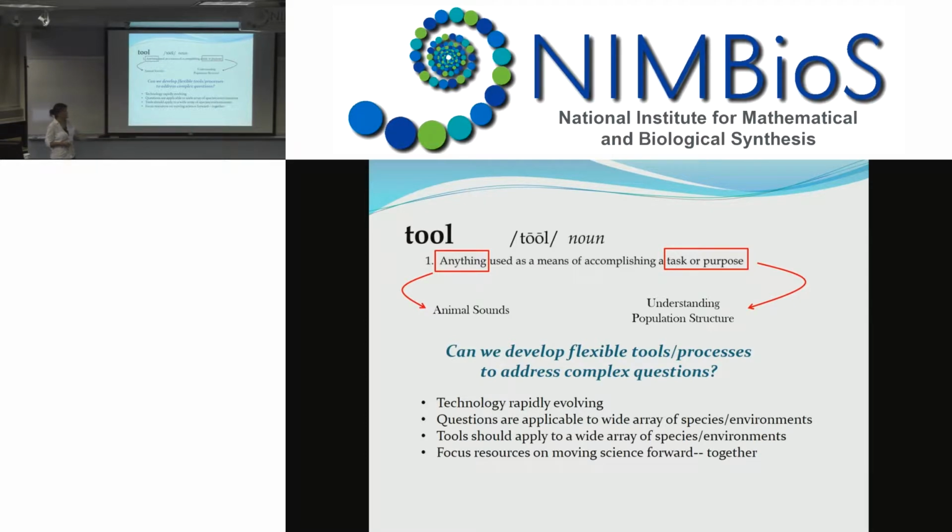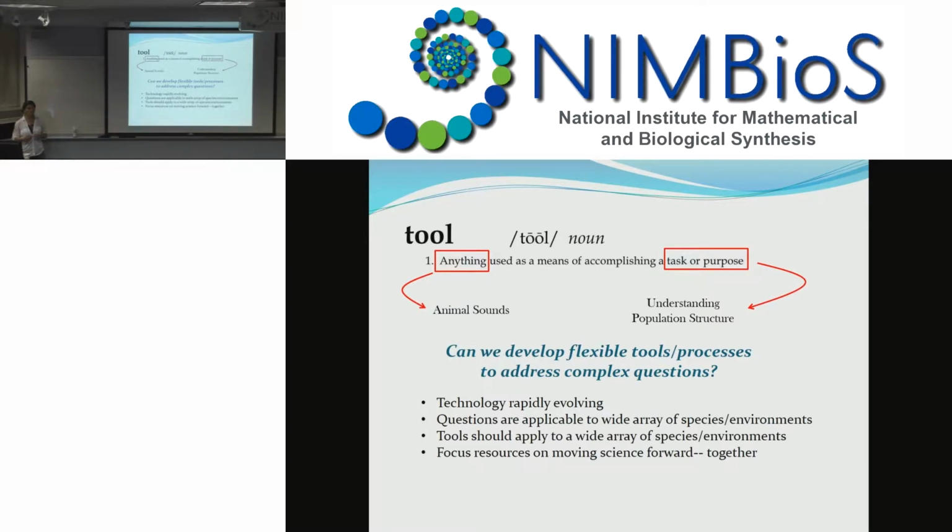They need to be flexible because the technology is rapidly developing. There's new widgets, new measurements, new ideas coming through faster than any of us can react. So at the very least, we want our tools and our techniques to be able to adapt to those new technologies. And the questions that we're trying to work with are applicable to a wide array of species and environments and situations.